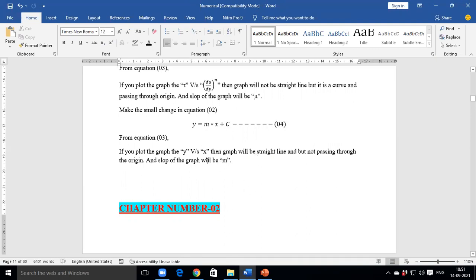And the slope of the graph will be m, and the intercept will be C.